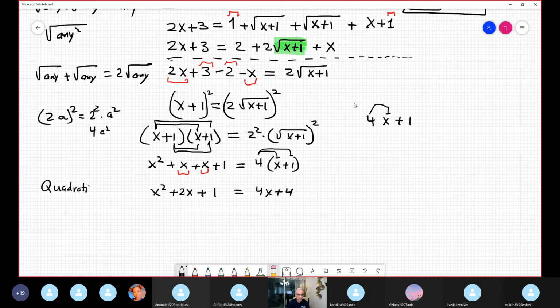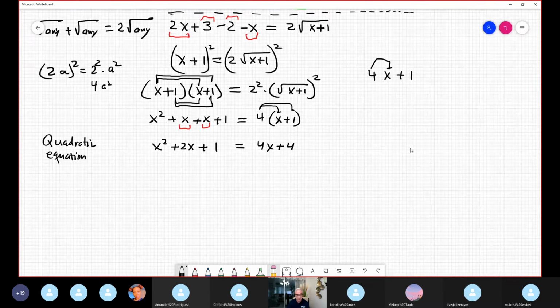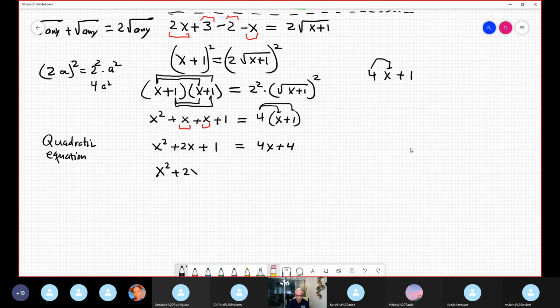Quadratic equation. Okay, we need to write it in standard form. Always, when you solve a quadratic equation, the efficient way to do that is to express it in standard form. So x squared plus 2x plus 1 minus 4x minus 4 equal to 0. And one more time, we combine like terms. Who are like terms?